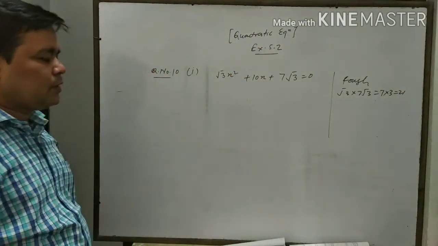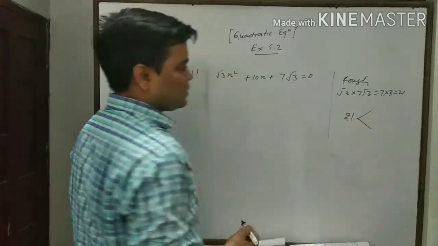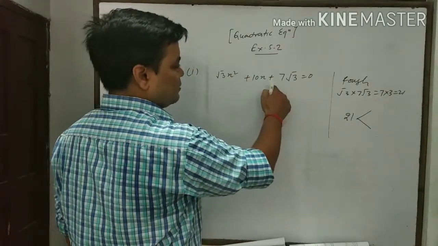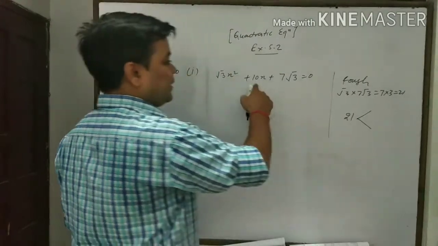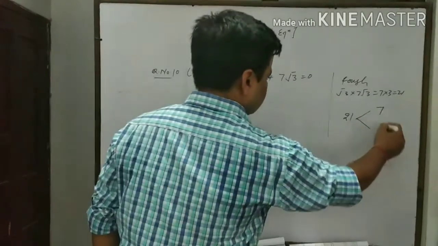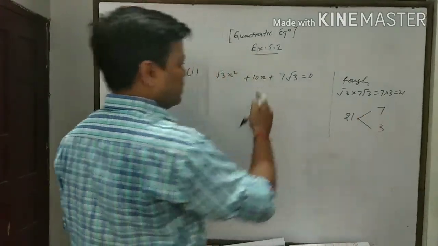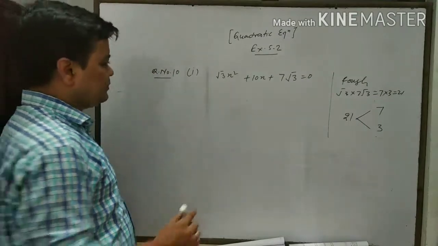Now break 21 into two parts such that the addition of the two parts is 10. Because this is plus, it will be 7 and 3. 7 times 3 is 21 and 7 plus 3 is equal to 10. Get it?